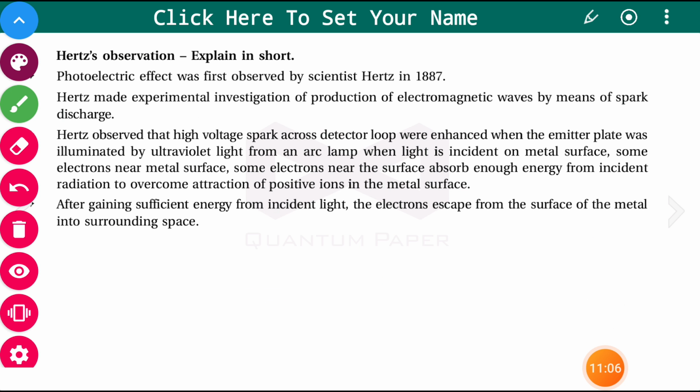Now there are Hertz's observations. The photoelectric effect was first observed by this scientist, Hertz. Hertz made an experimental investigation of the production of electromagnetic waves by means of spark discharge, which we discussed in the previous chapter.